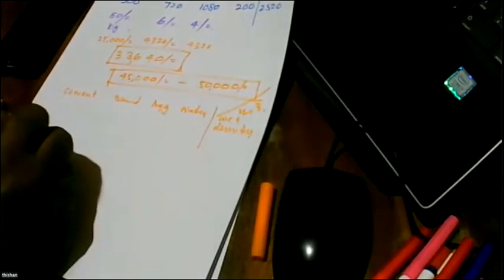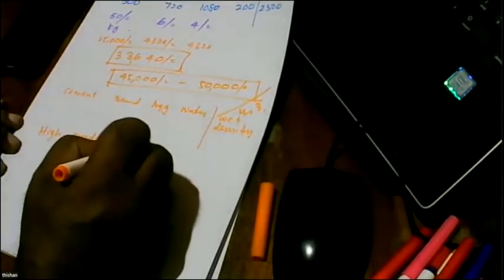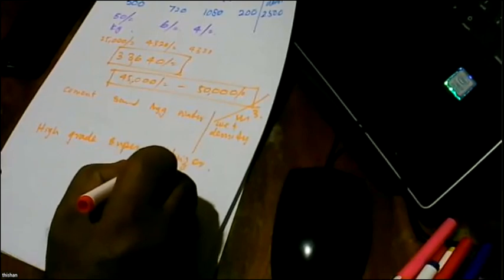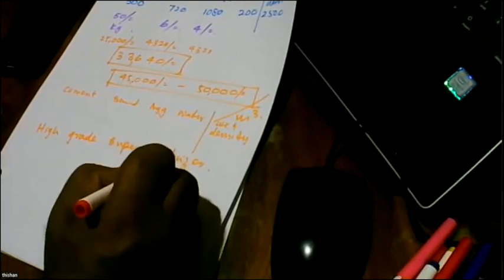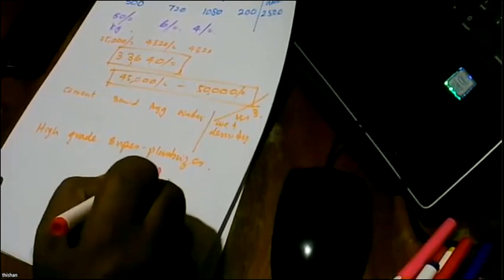Now what we do is we go for high grade superplasticization, which is slightly more expensive, but it will allow us to maintain the water content at 130 kilograms. A drastic reduction in water content.